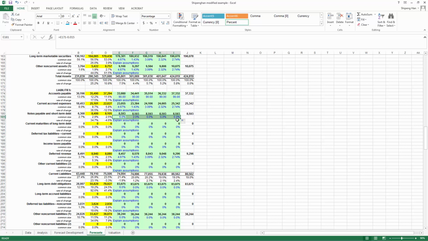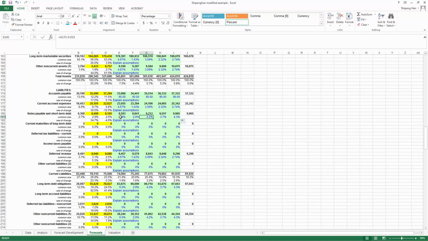Let me drag. So that's the growth rate for the next 4 years. And Excel calculates the balance of notes payable and short-term debt for us. Excel has already input the formula, right? This is a growth rate formula. D180 is a prior balance, and this is 1 plus growth rate.